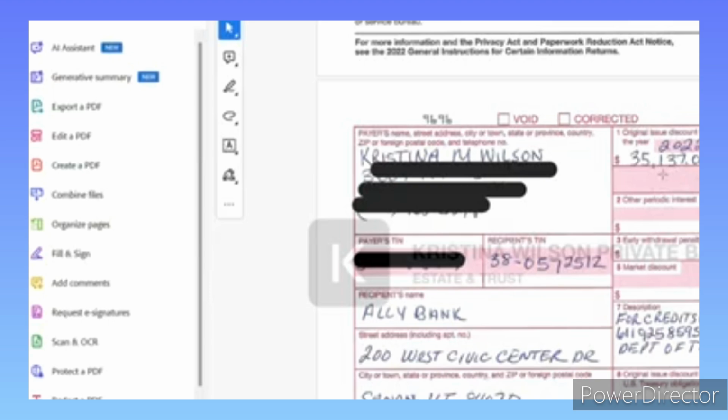I want this money to facilitate or initiate a transaction with the bank. I converted this OID into a check to tell the IRS that she is holding my principal and interest. It says federal income tax withheld. She's withholding from me.